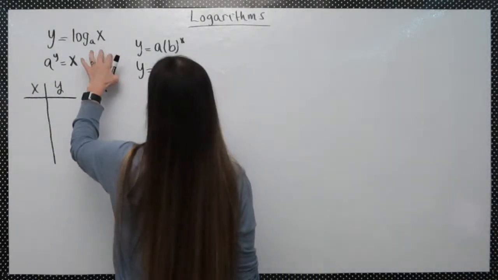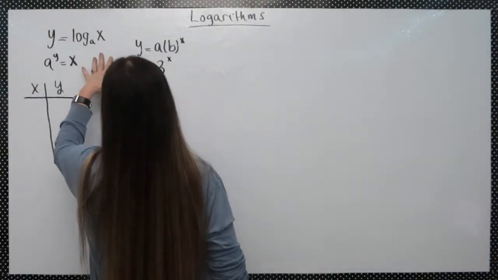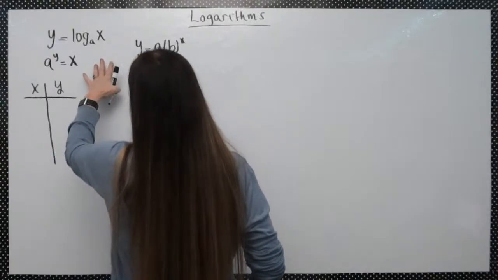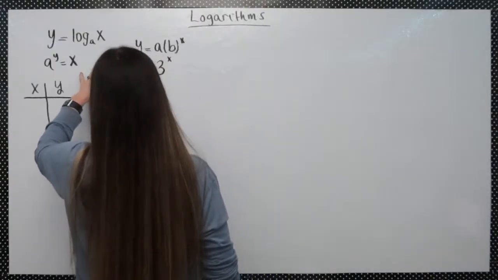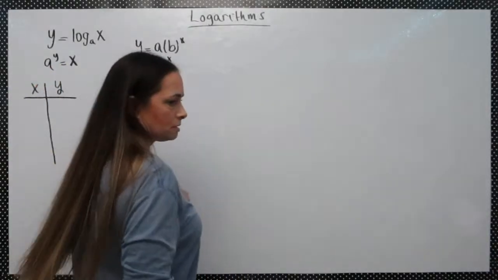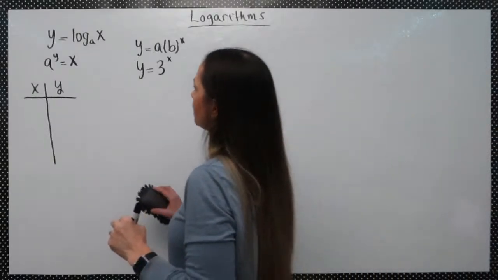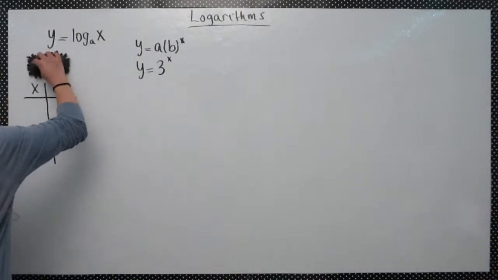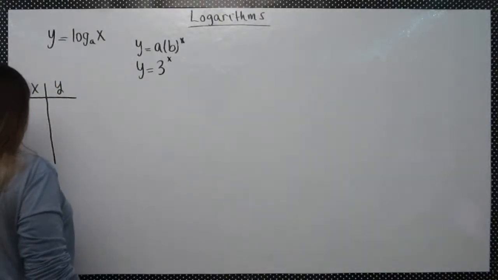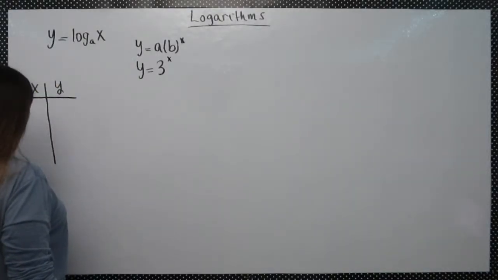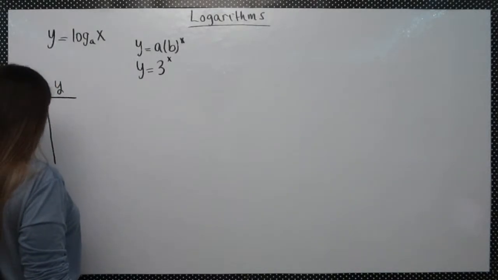and then its inverse. We're going to also graph, and I'm going to put it, am I already erasing? That's funny. All right. I'm going to erase this and put it here. a to the y equals x.